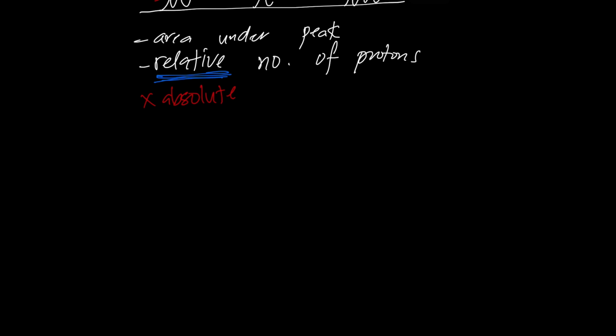If we look at the same example that we have seen just now, the ether, we have seen that this symmetric ether will give us two signals. These 6 protons give one signal, and these 4 protons give another signal. So the ratio is now 6 to 4.